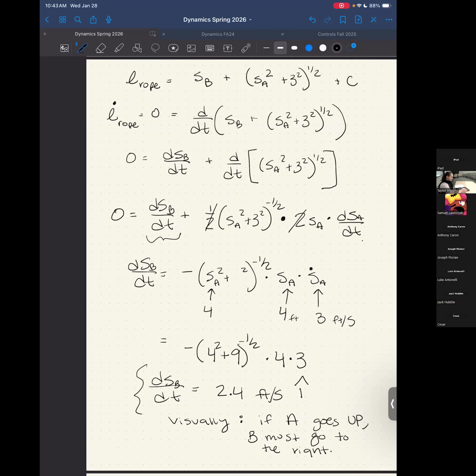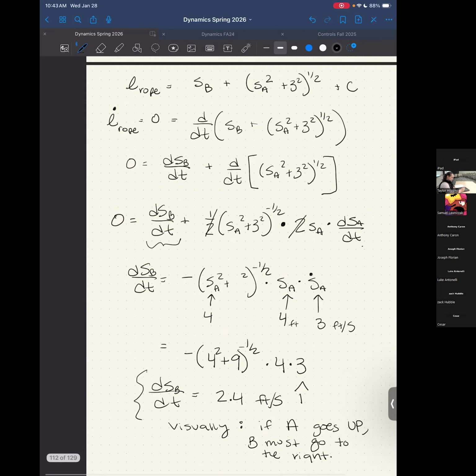Where did the time derivative, dSA dt, come back in? Why does that come back if I solve for SB? Oh, because SA is a function, you have to do the derivative of that. Yes, so this is the chain rule.